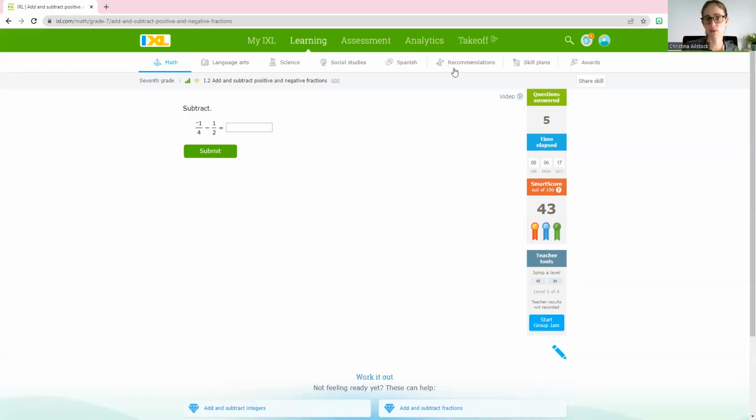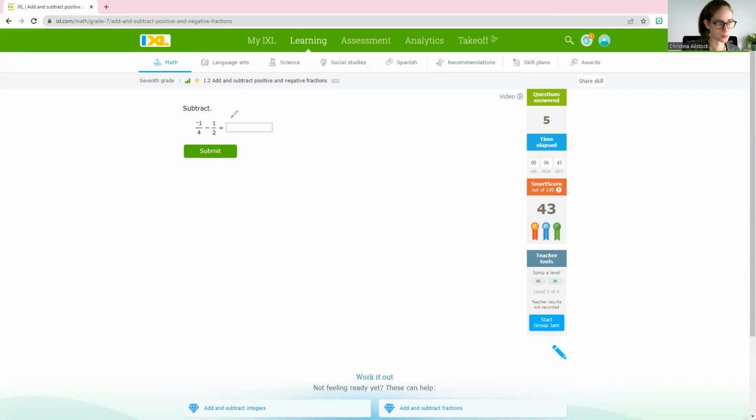All right, next up we have a problem with unlike denominators. So even though my denominators are not alike, I'm going to choose to rewrite my problem first so I don't have to worry about my signs, and then I'll make them the same. It doesn't really matter what you do first as long as you ensure that you both get your signs right and you make sure the denominators are alike.